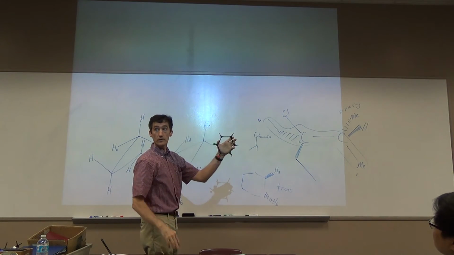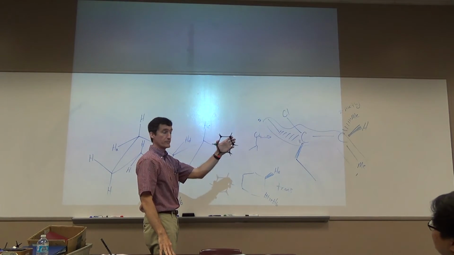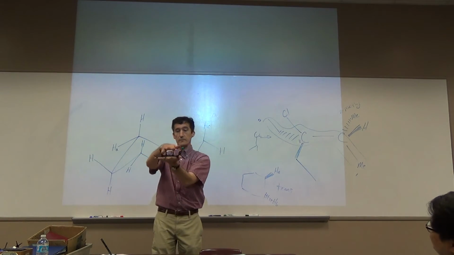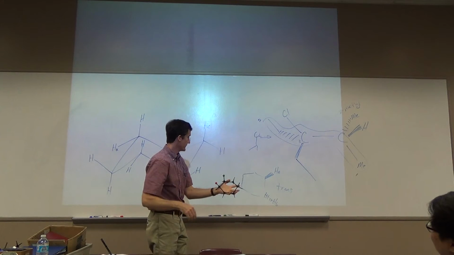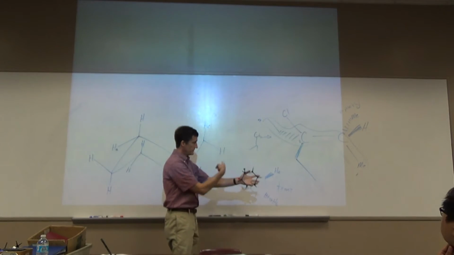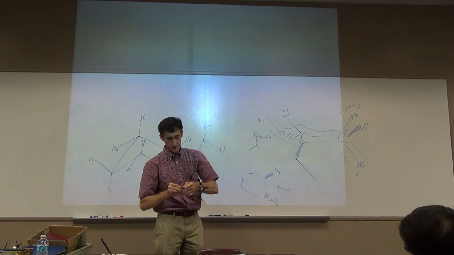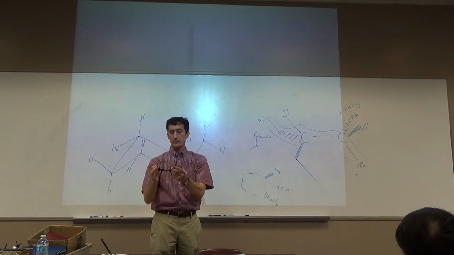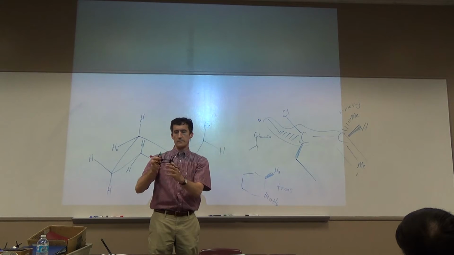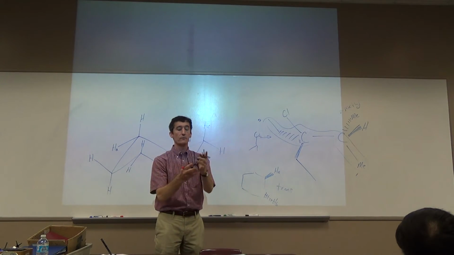Cis. They're both coming forward. Cis. Okay? Or flat like a pancake, they're both going up. And that would not be this, because this is where you would disconnect and put this one over here and make it trans. Okay? But what about a boat? First off, let's do this.